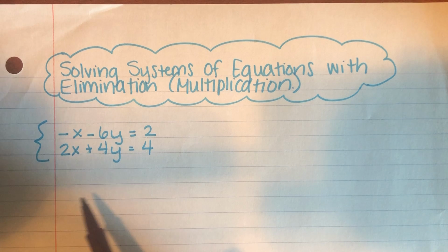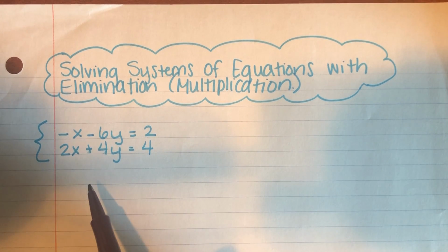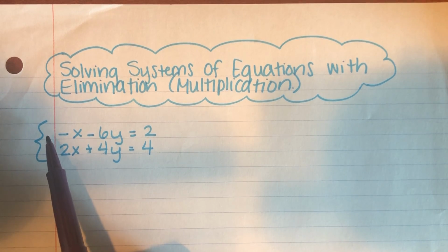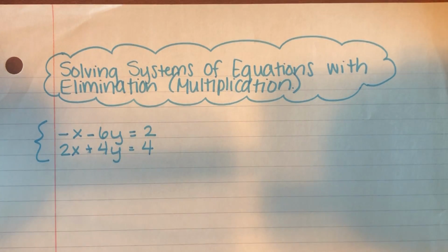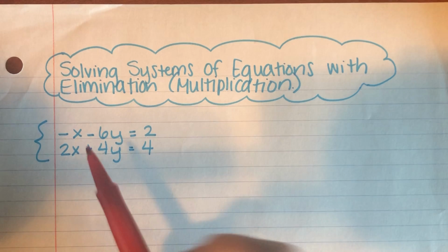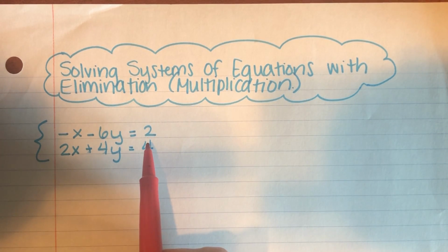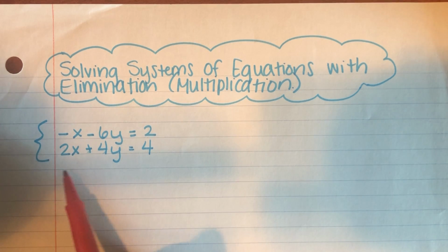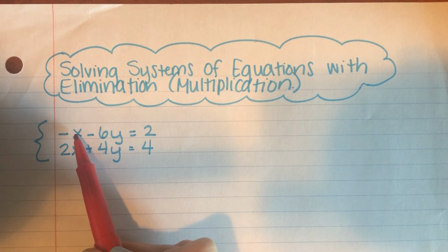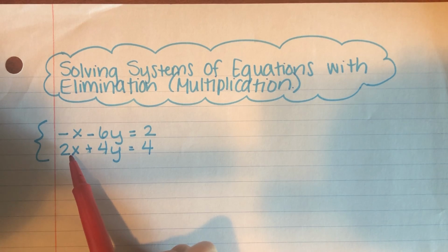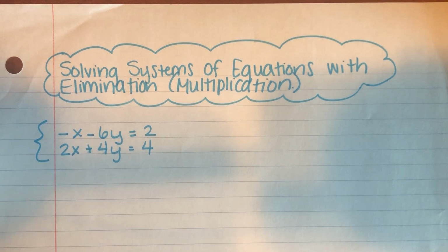Now in this case, we don't see any additive inverses, but I do have a term with a coefficient of 1 or -1. So if I multiply this term by 2, and all the way across my equation by 2, then I will get an additive inverse because this will become -2x and this will be 2x. So when we add them together, they will cancel out.